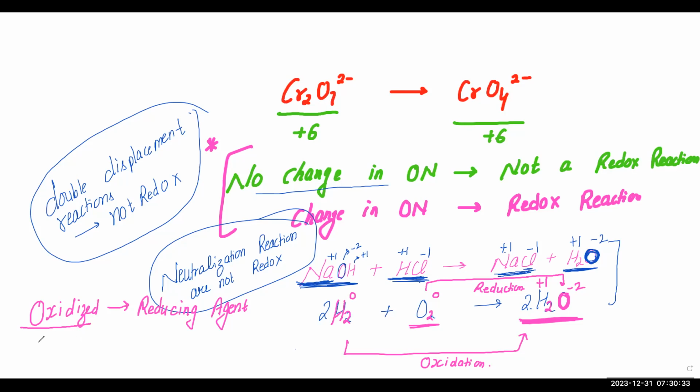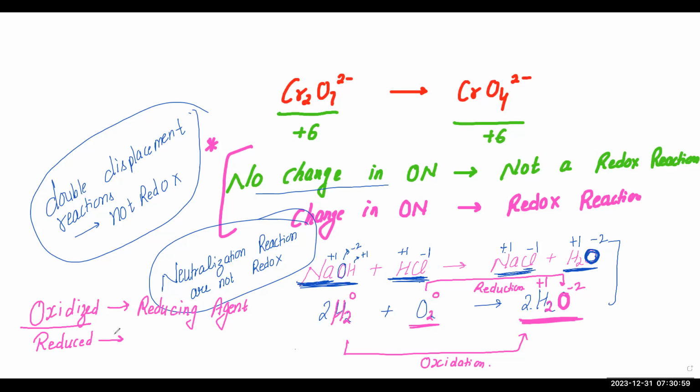And oxygen is getting reduced, gaining electrons. Because it is gaining electrons, we can say it is helping in the oxidation of H2. If oxygen doesn't gain electrons, then H2 will not get oxidized. H2 is getting oxidized because oxygen is gaining.